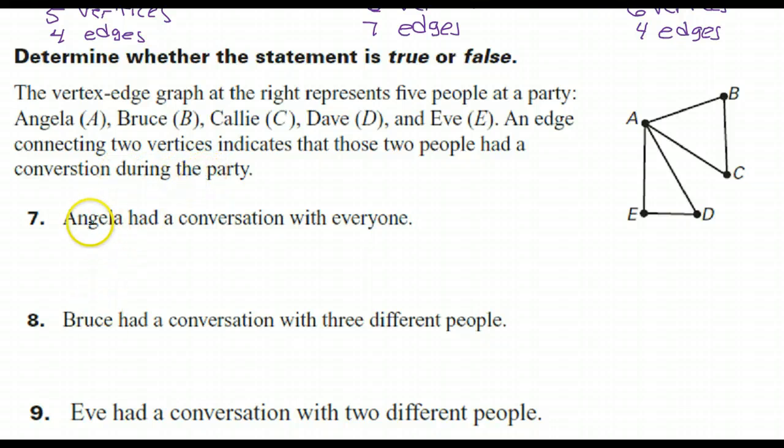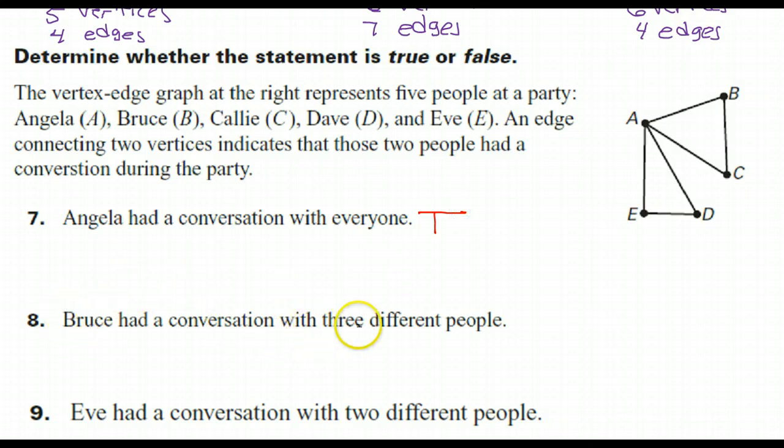So, true or false? Angela had a conversation with everyone. Let's see, Angela had a conversation with Bruce and Callie and Dave and Eve. There's a connection to everyone, so that indicates a conversation with everyone. So that one is true.